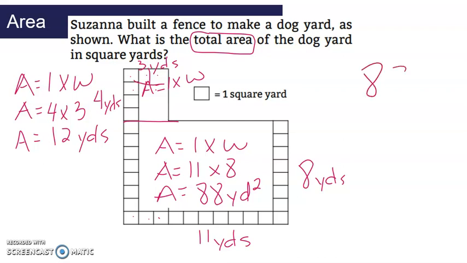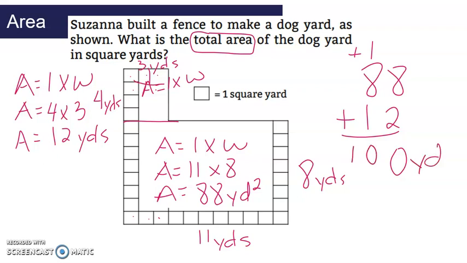So we have 88 plus 12. Okay, in my ones place I have 10, carry my 1, that's plus 1. So 8 plus 1 plus 1 is 10. So here my total is 100 square yards. Okay, so let's go ahead and move on to our next problem.